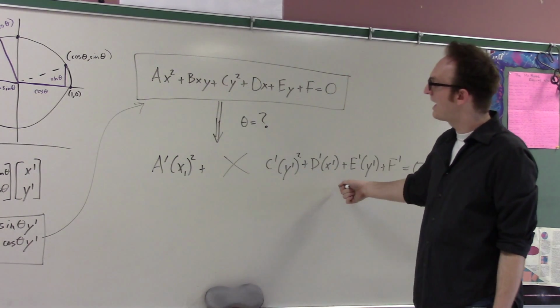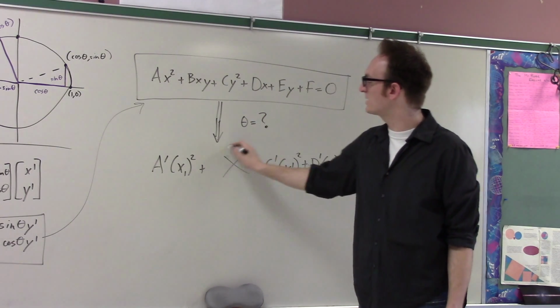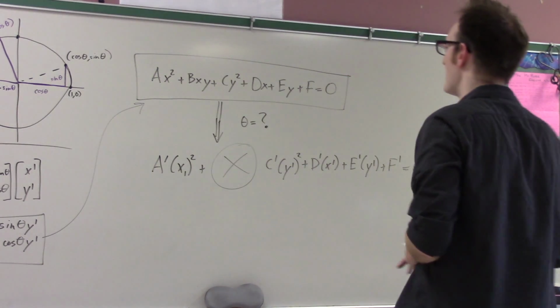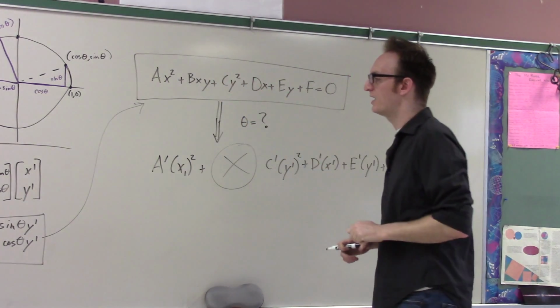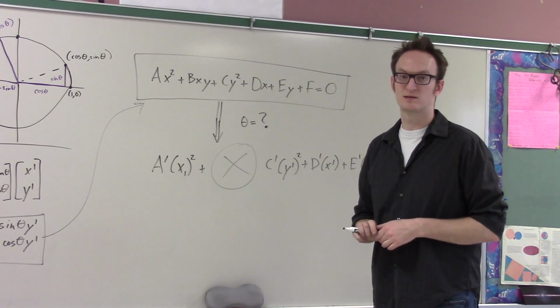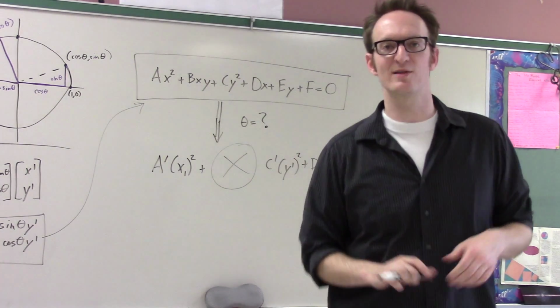And then I'm going to figure out precisely when the b term disappears. And whatever combination of stuff makes the b term disappear, that is going to tell me what angle I need to use. This lecture is going pretty well, I think. I think this is clear.